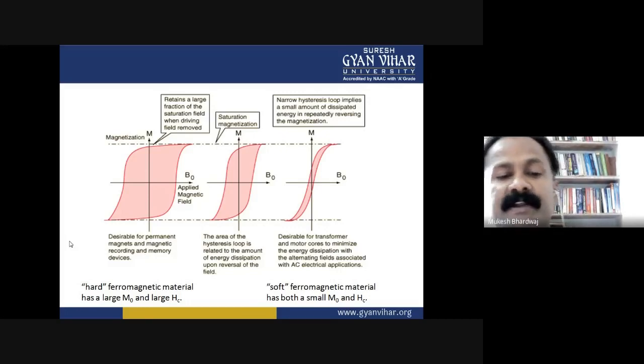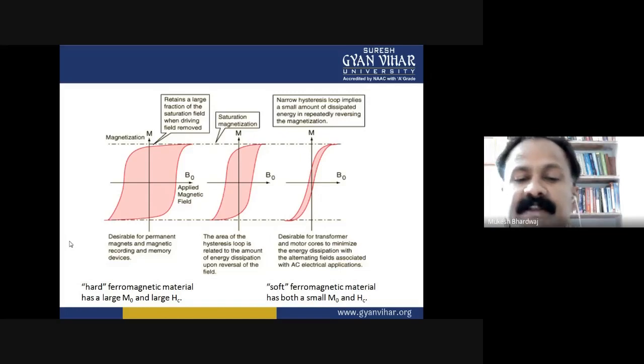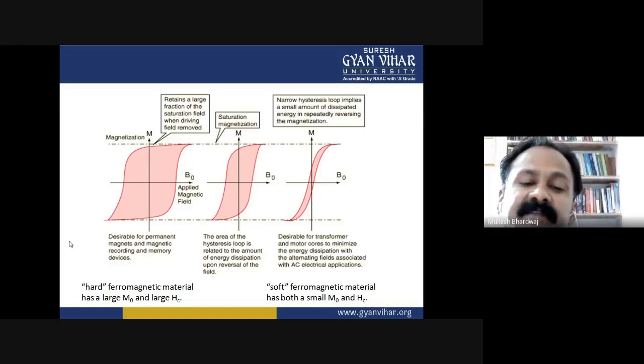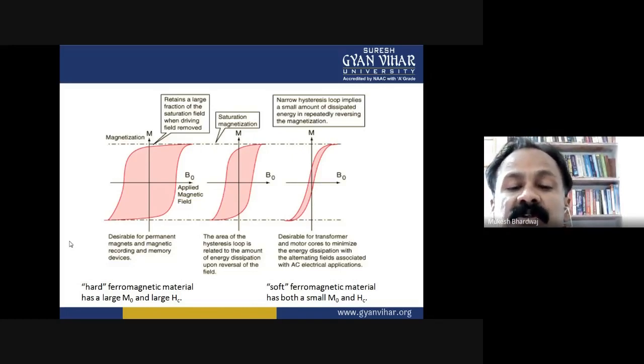So, soft magnetic materials form the magnetic circuit in electrical machines like transformers, motors, etc. They should have low hysteresis and eddy current losses. The materials for the cores must be easy to magnetize and demagnetize. In a 50 Hz supply, the core traverses the whole hysteresis loop 50 times a second.